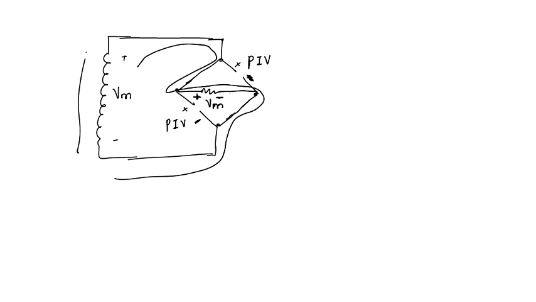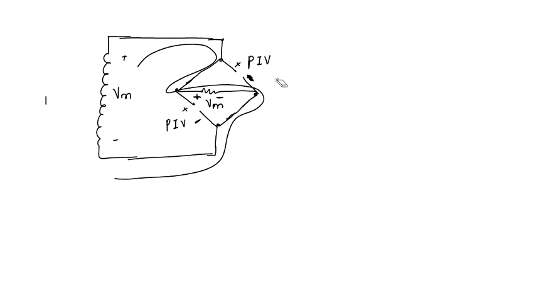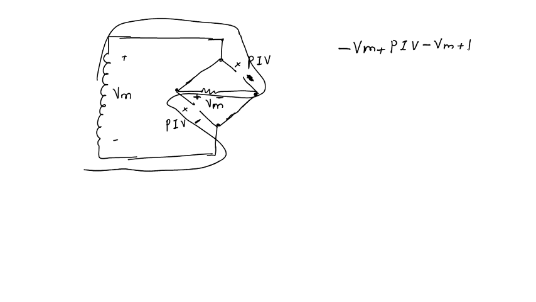Now if we apply KVL in this loop, we can calculate the peak inverse voltage across the diode. We start from here, we get minus Vm plus PIV minus Vm plus PIV equal to 0.